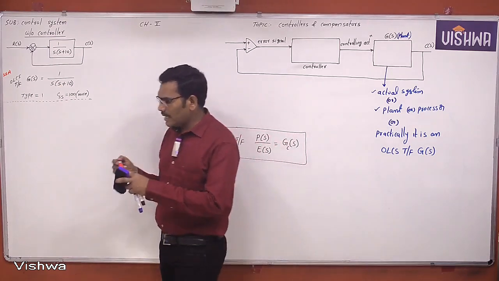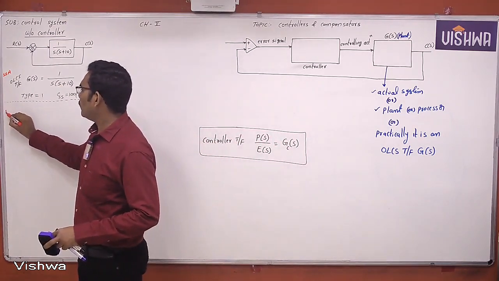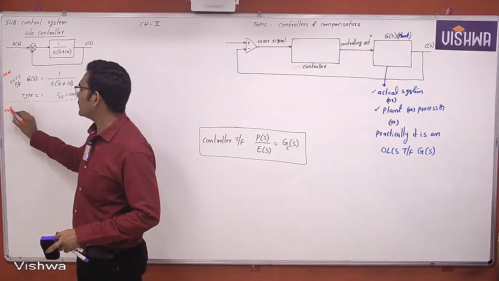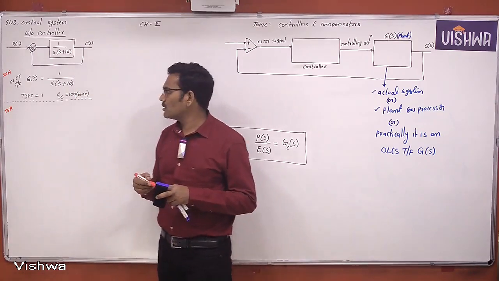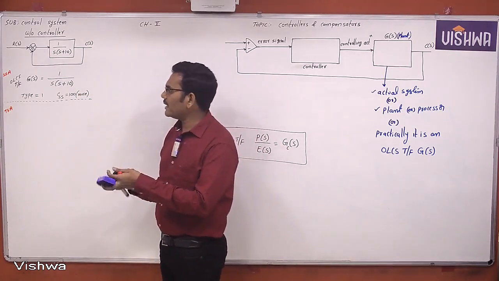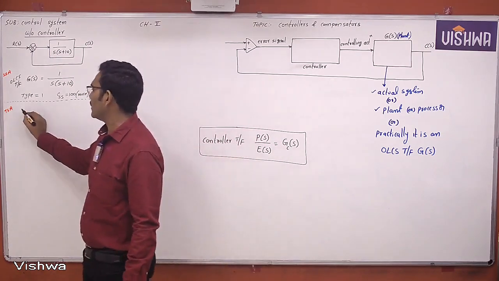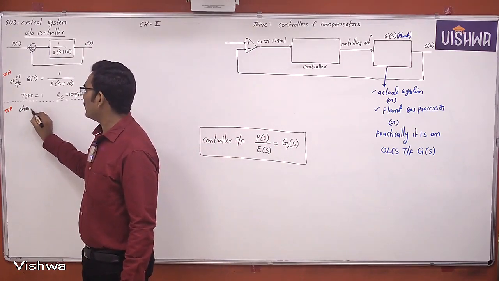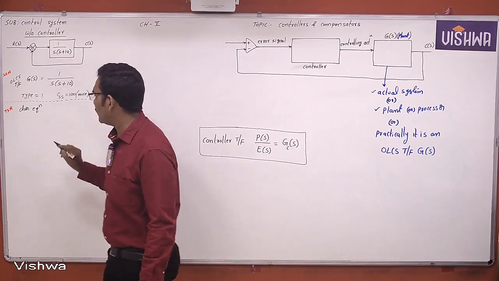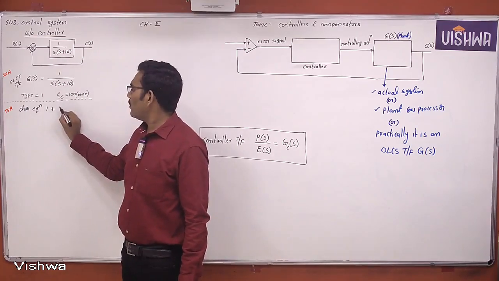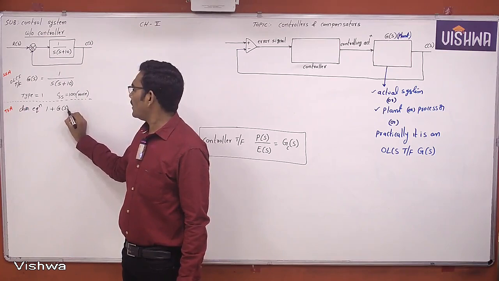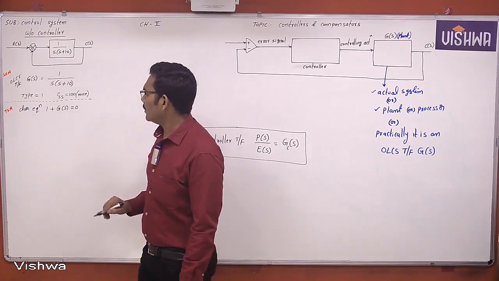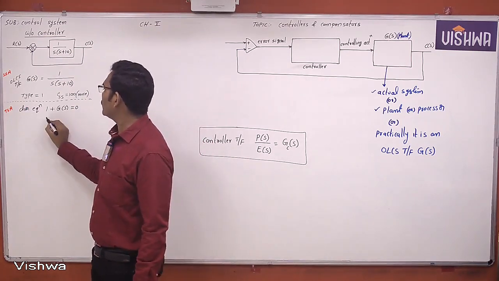Then what is the transient state analysis? If you want to find the transient analysis, we require closed loop poles. The closed loop poles are available directly from the characteristic equation. So what is the characteristic equation? The characteristic equation is 1 plus G of s equals 0.